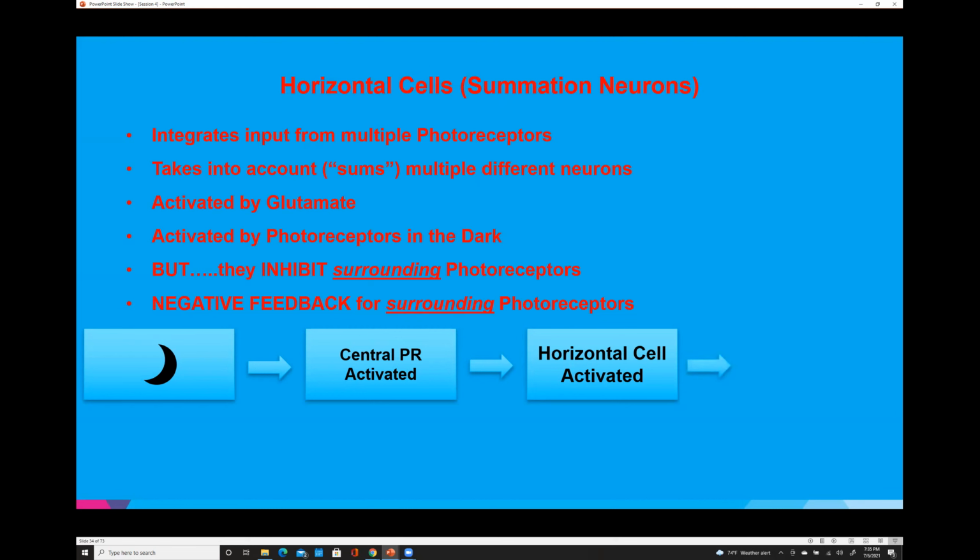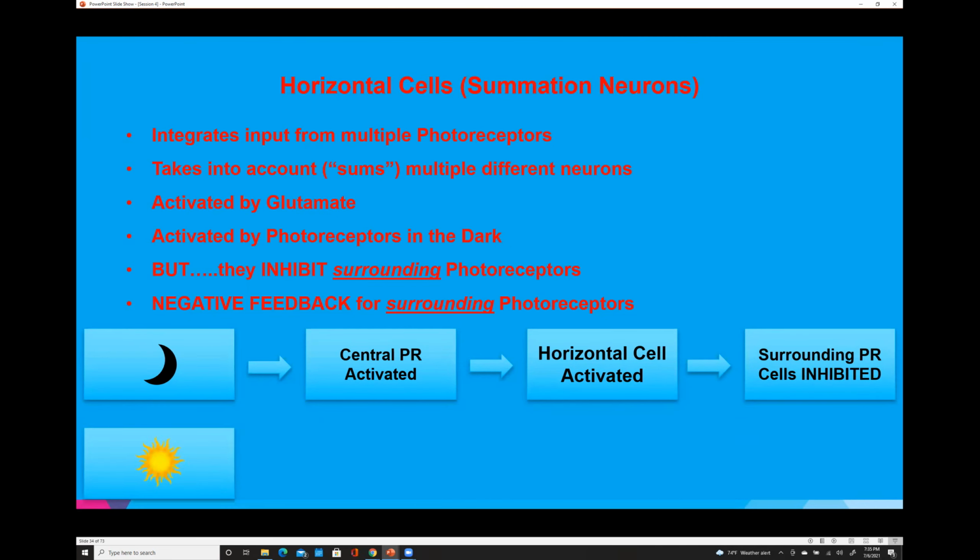But then what does he do? He goes and inhibits the surrounding photoreceptors. So he basically doesn't even care about anyone else. He's just connecting from one photoreceptor to another photoreceptor. In this case, we've denoted a central photoreceptor and a surrounding photoreceptor. And he just basically is activated by one guy and inhibits the guys around him.